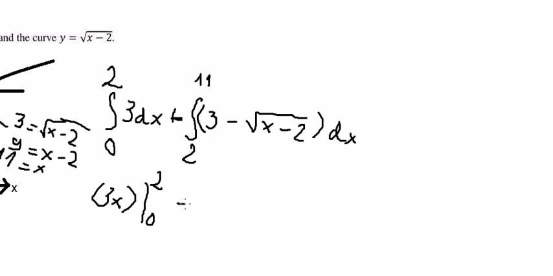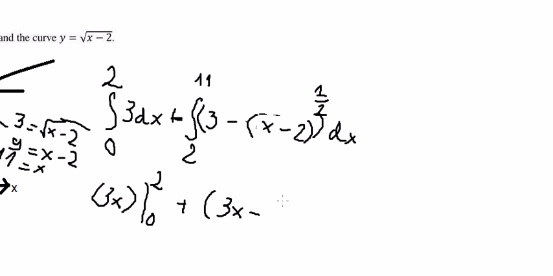Next, about this one, we get 3x. About the square root, we can write x minus 2 to the power of 1 over 2.